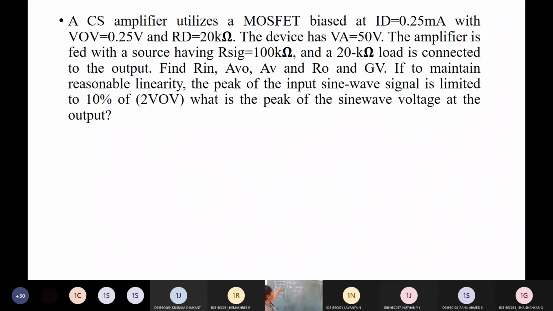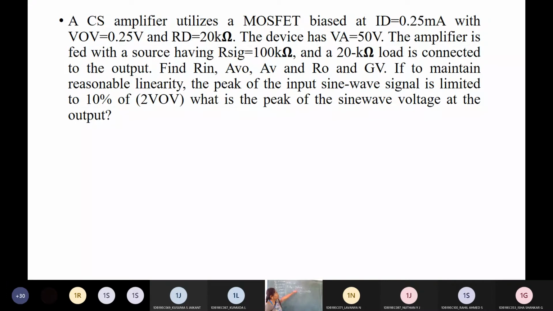So ID is 0.25 milli, VOV is 0.25. So 2 milliamps per volt. Remember the unit is 2 milliamps per volt, current by voltage.